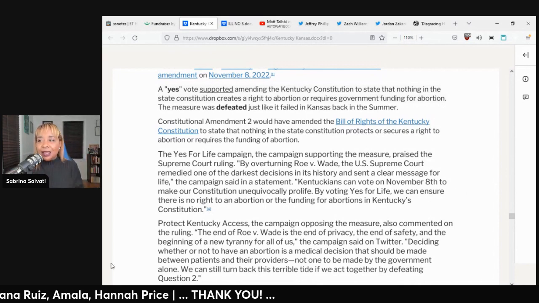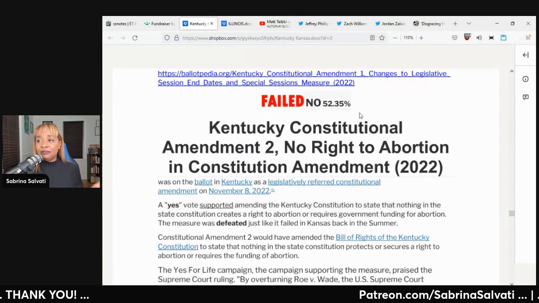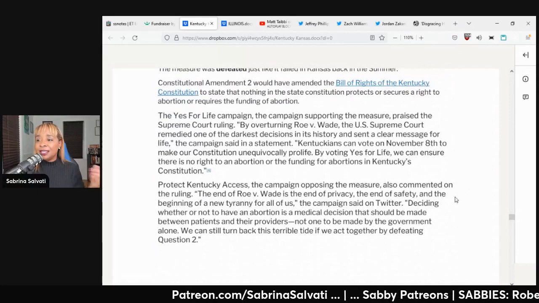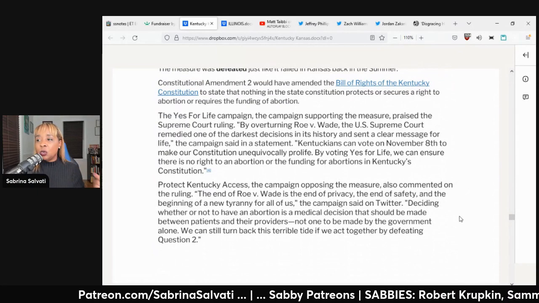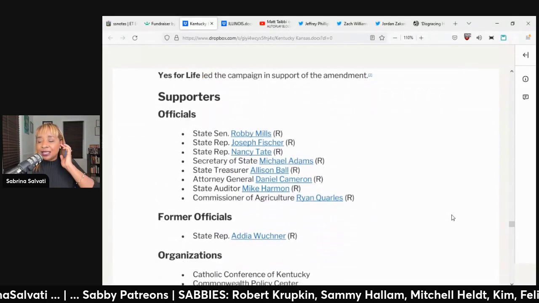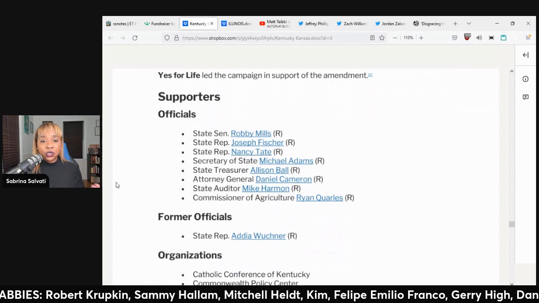So again, this measure failed by 52.35%. But similar to this measure with Kansas, you have to read it carefully, because just because it failed doesn't necessarily mean it's a bad thing.